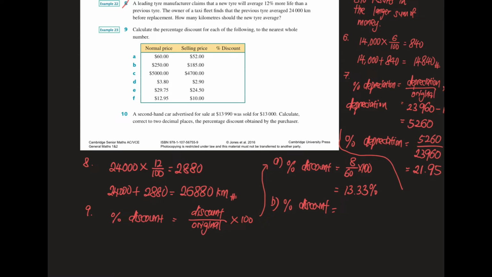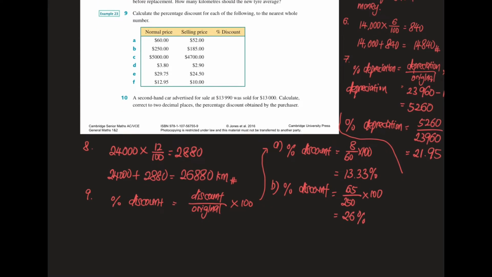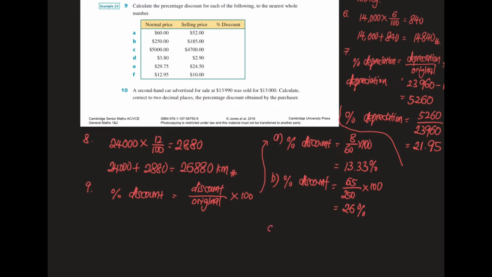So it's going to be 65 over the original price 250 times 100. Okay, so 26%. Then let's move on.